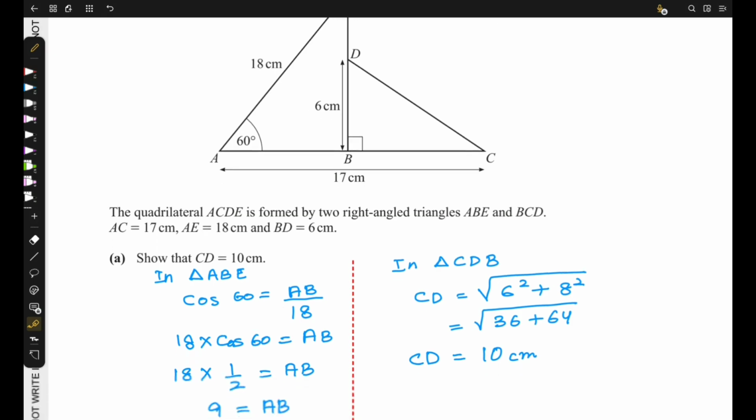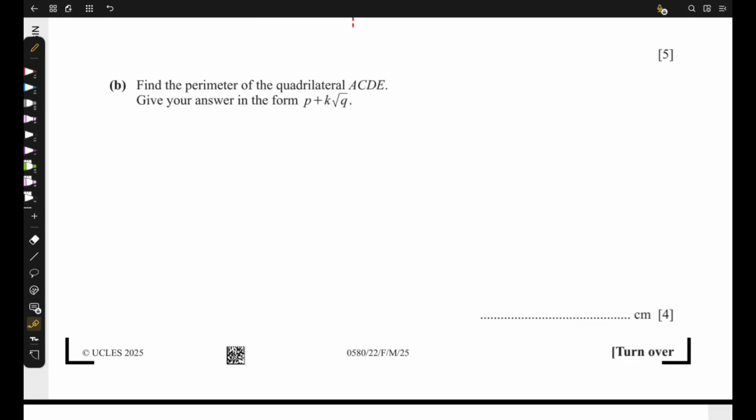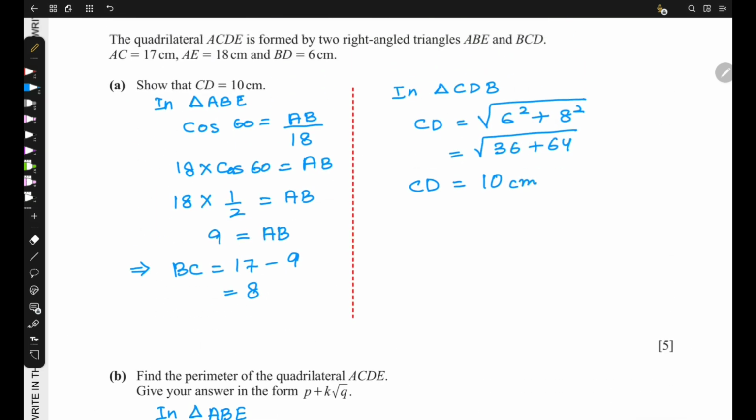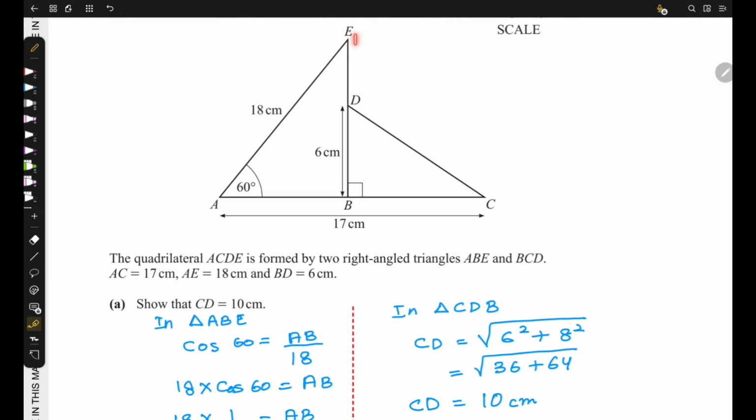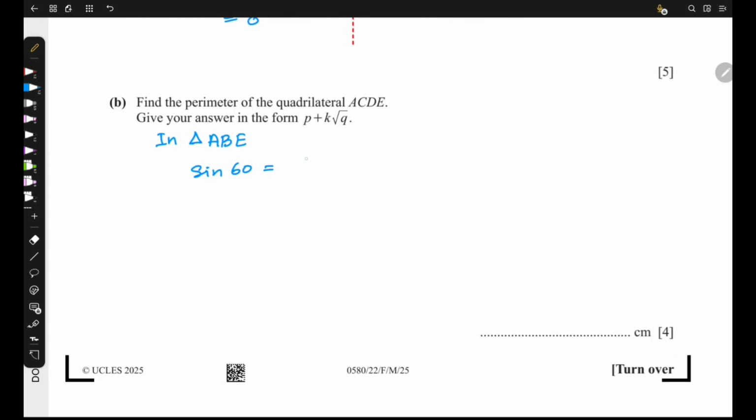It's up to you which method you want to use. I'm going to use the sine formula in triangle ABE. Sine 60 is equal to the opposite, which is BE, over the hypotenuse. Hypotenuse is 18.